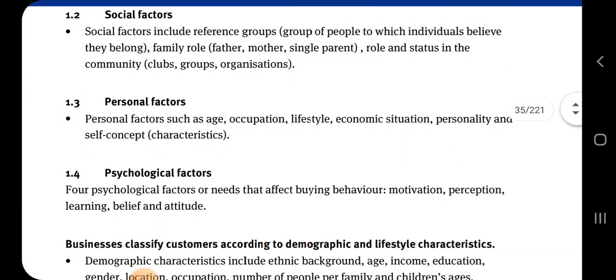And then we have social factors. These social factors include reference groups. Let's say you, or whoever, have a group of people that they associate with, and they only love certain products based on their association. Everybody in your group eats this, or everybody in your group is exposed to this type of food, so that's all you eat.